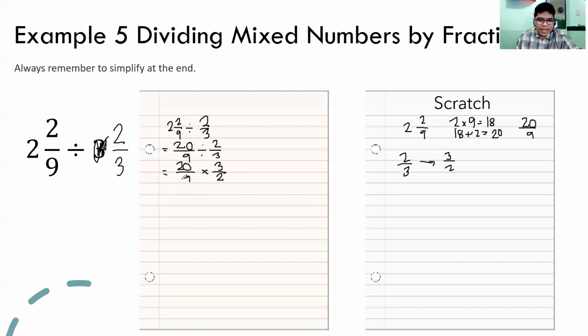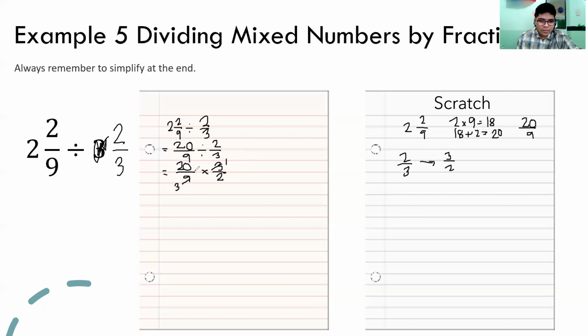We can cancel 9 and 3 to make smaller numbers by simplifying them. What's the simplification of 3 over 9? Diba 1/3? Kasi 3 divided by 3 is 1, and 9 divided by 3 is 3. So we have 1 and 3. Diba? We get smaller numbers now. We have 20 times 1 and 3 times 2. So that's easier for us to multiply.